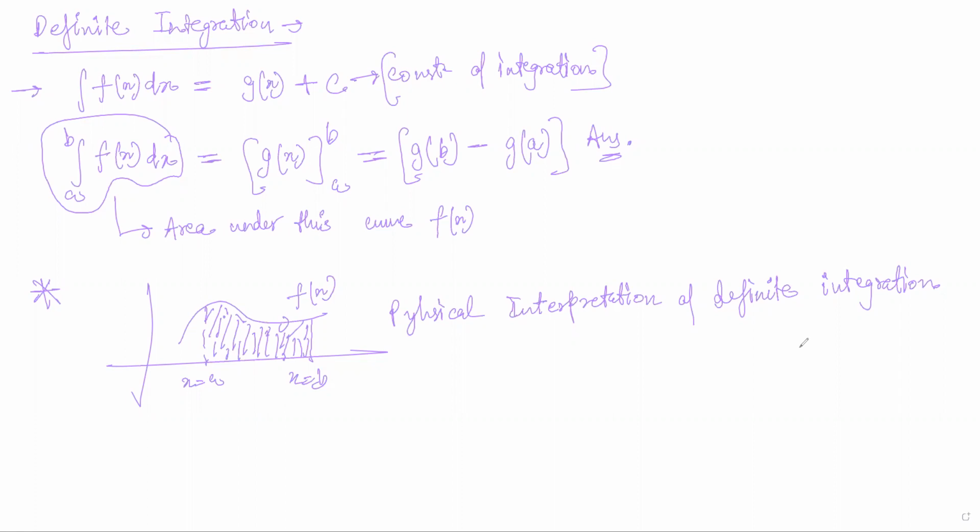But if I tell you some shape, let's say this is a curve, right? And we want to find out the area under this curve. This is not some regular shape, so you don't know how to calculate the area of these surfaces.